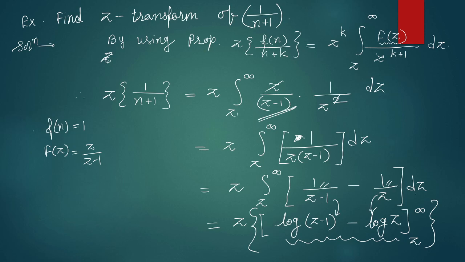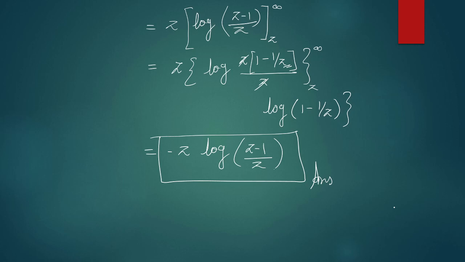Now whenever the limits are z to infinity, we directly write down the answer as minus z log of z minus 1 upon z. But if we simplify this, here z as it is, log of z minus 1 upon z, this is the term. If we substitute the upper limit and lower limit, we get infinity by infinity form. Therefore, we take this z common from numerator and denominator, cancel the terms and then substitute the limits.